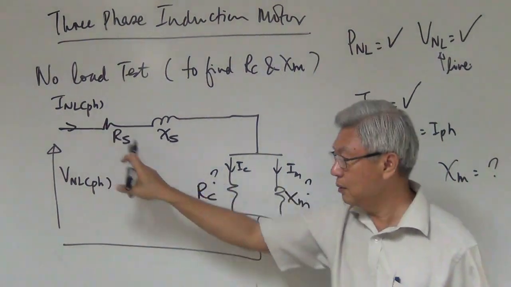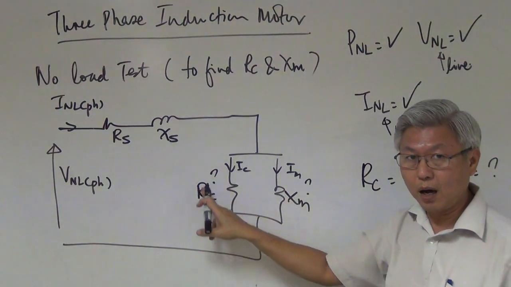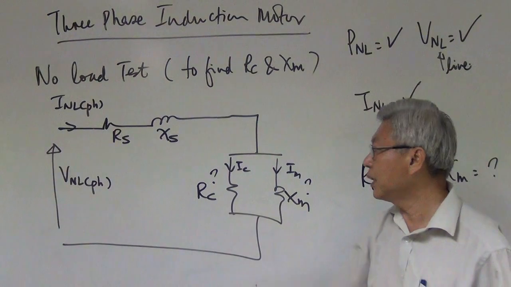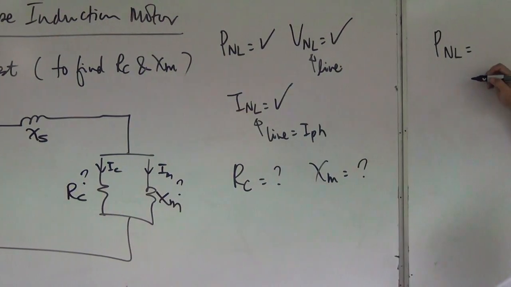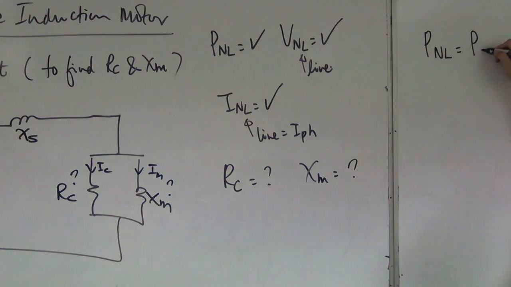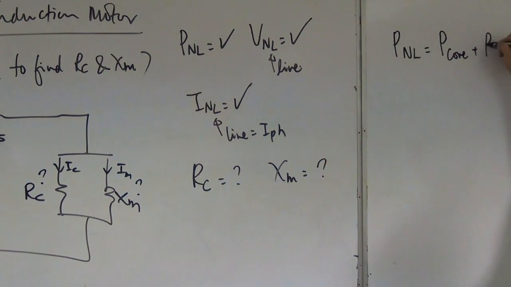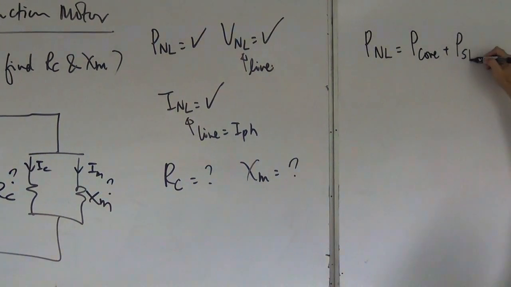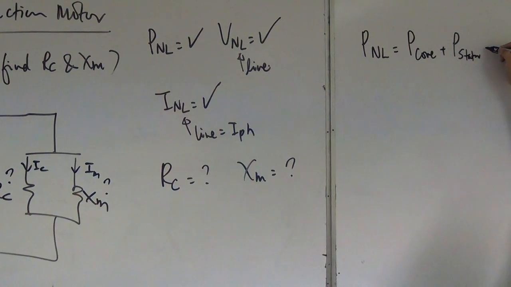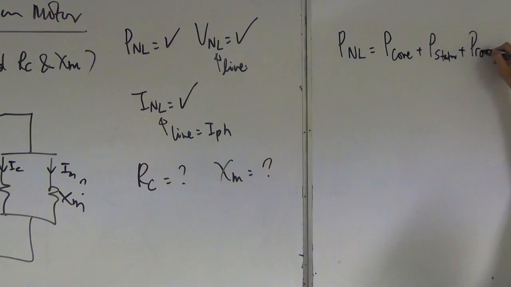I square R here, V square on R, parallel circuit, okay? And the rotational loss. So you must remember that in the no-load test, the power that I measured actually consists of 3 things: the core loss power, the stator loss power, and the rotational loss.